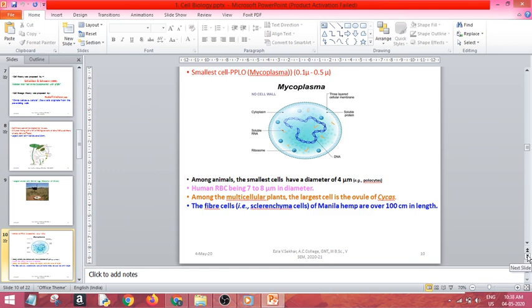Among animals, the smallest cells have a diameter of 4 millimicrons.